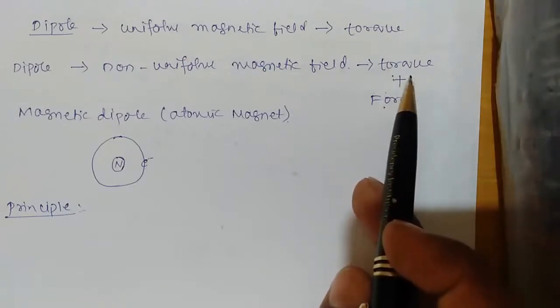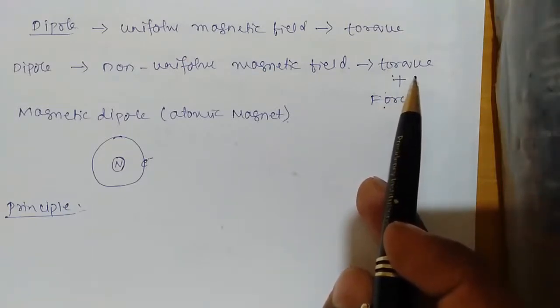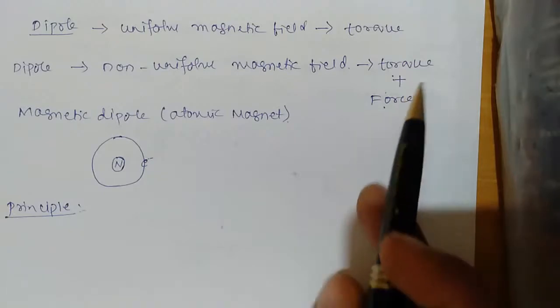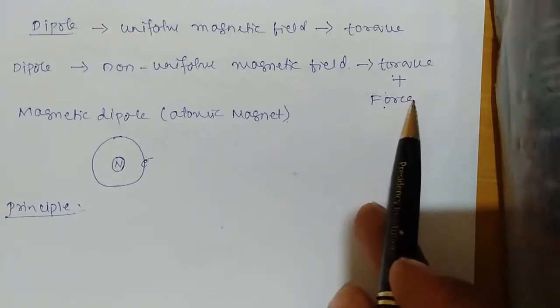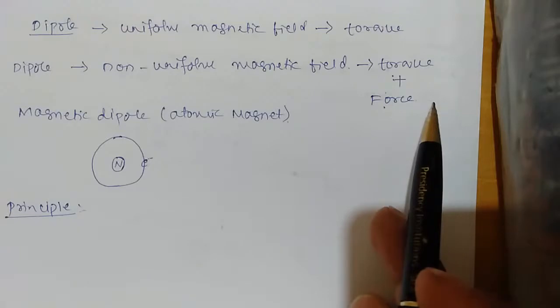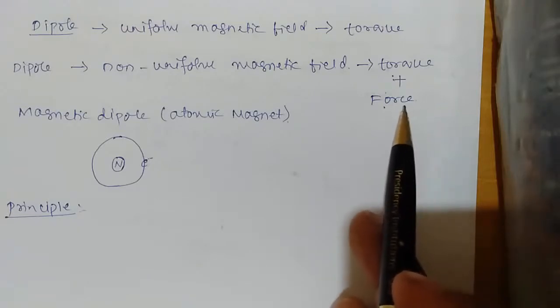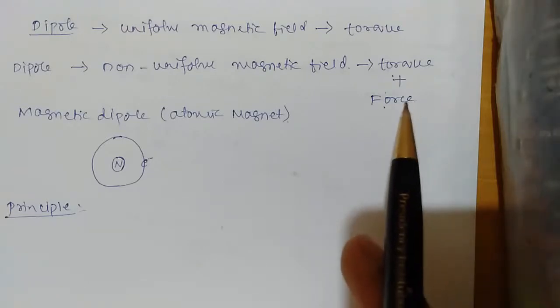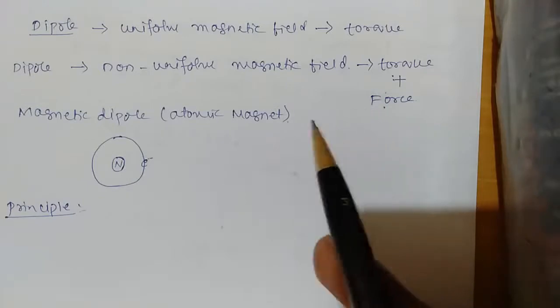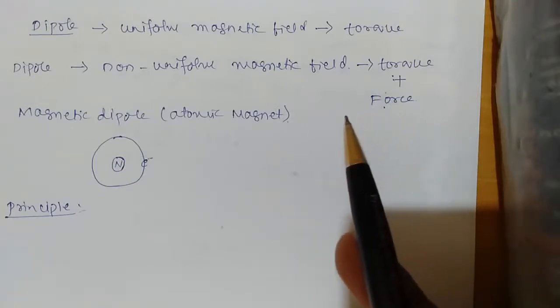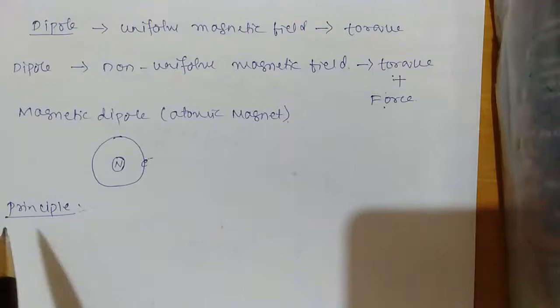Torque is nothing but the rotational effect of force. Along with this torque, there will be a translatory force, which will make the dipole move away from its rectilinear path, its straight line path. So this is the principle of the experiment.